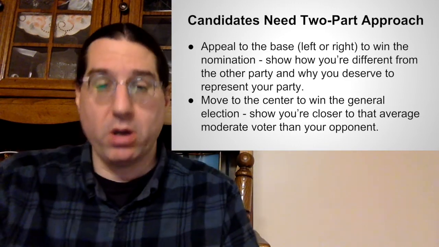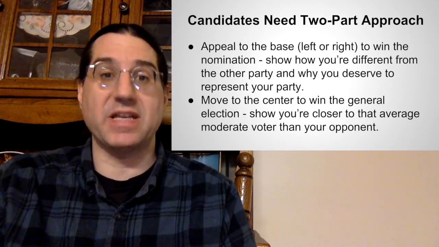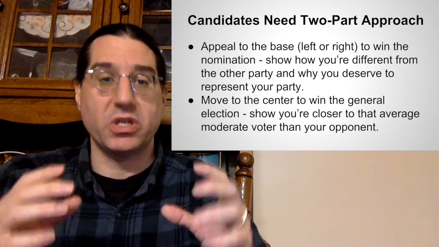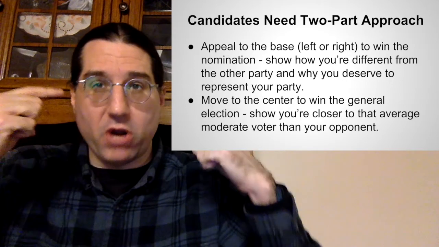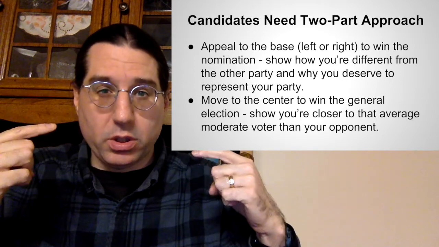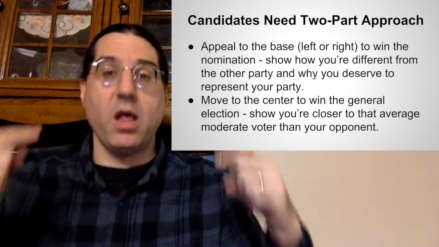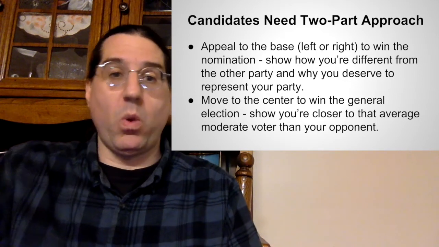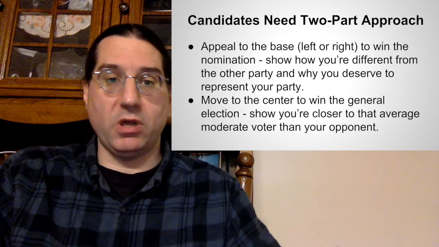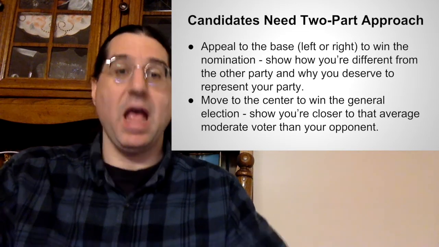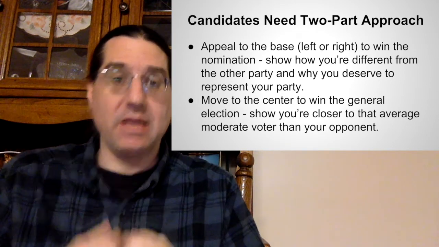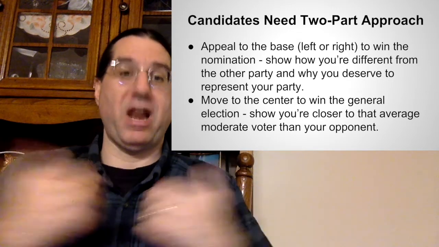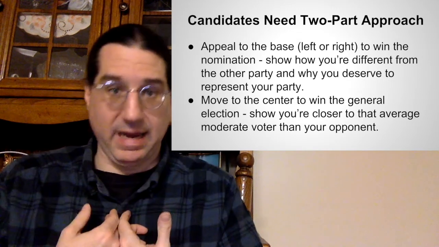All right, so that's the pattern that you see in elections, and it's in part because people are operating under this rational choice theory idea that the voters in the primary want one thing, but the voters in the general election want a different thing, and me as the candidate, I want to please both of them so that I get what I want, which is I get elected.